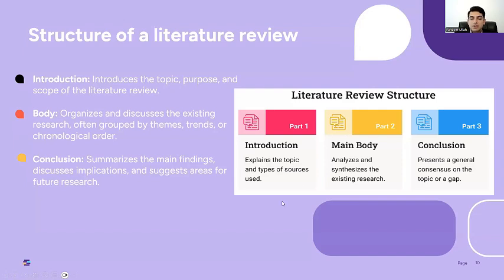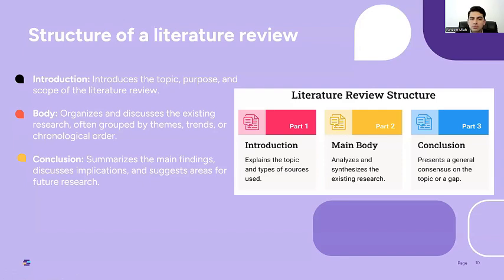Now, as far as the structure of a literature review is concerned, at a broader or abstract level, it can be divided into three main parts: the introduction, main body, and conclusion. In the introduction, you introduce the topic and motivate it, and then the entire meat of your literature review goes into the main body.